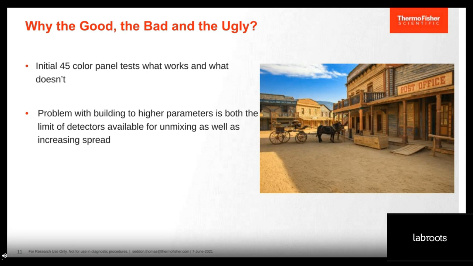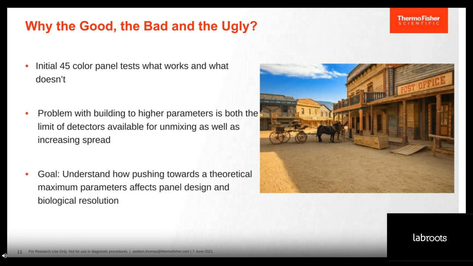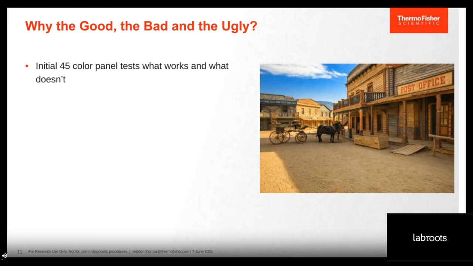Any of the problems in the background of what's happening with the dye can contribute overall to the resolution that you have biologically. And so the goal is to really understand how pushing towards a theoretical maximum number of parameters affects what you do with panel design and also the resulting biological resolution.